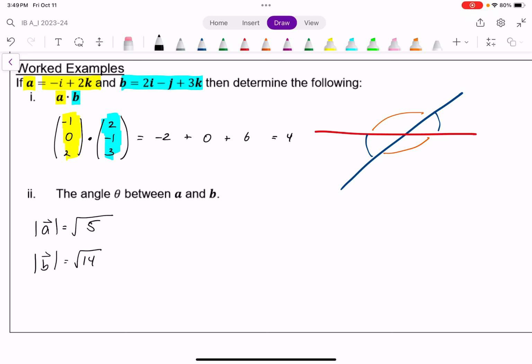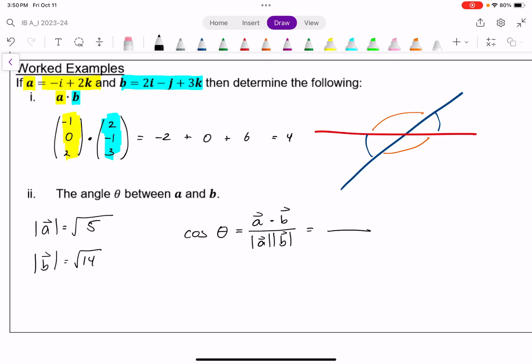And so in general, if we know the magnitude of two vectors and we know their dot product, the cosine of the angle between them is always the same as the dot product in the numerator. So in this case, just 4. Or maybe before I get to that, I'll write it out. So in this case, it's the dot product of A times B divided by the product of their magnitudes.